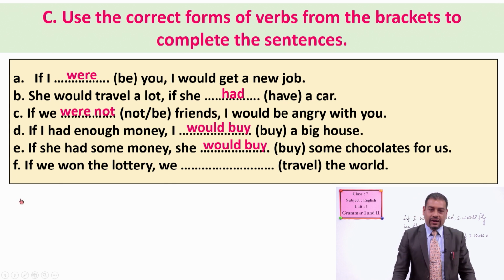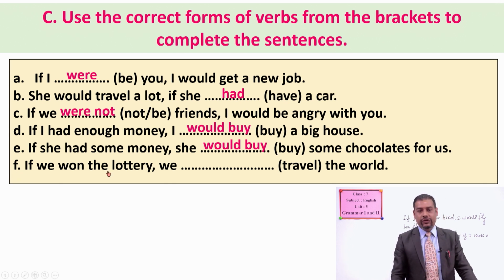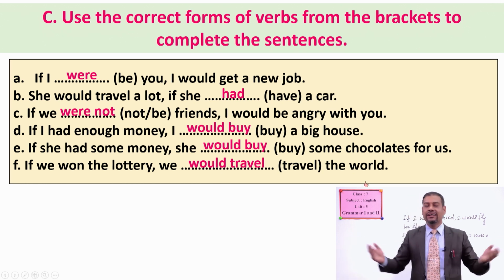Now number F. If we won the lottery, we, the world. Now here is travel, here is we won, second form. Okay, you can say simple past of win. Now you have to supply here again would travel or could travel or should travel or might travel the world. If we won the lottery, we would travel the world, and it is again impossible.